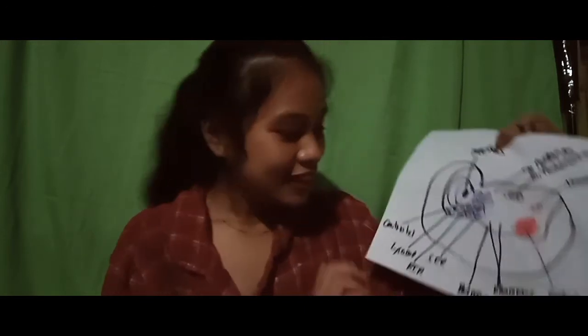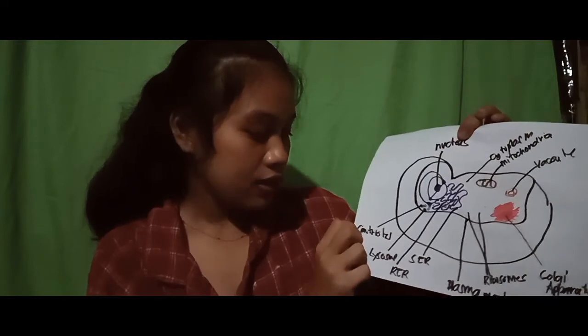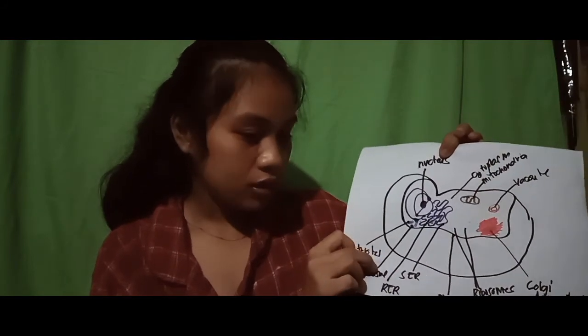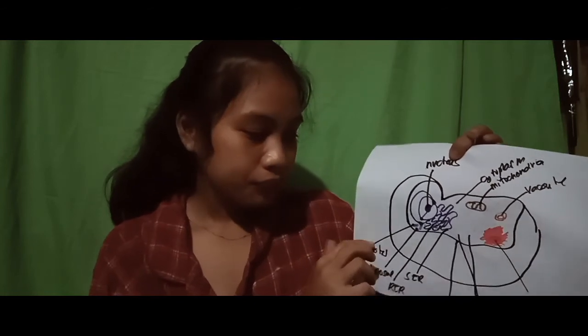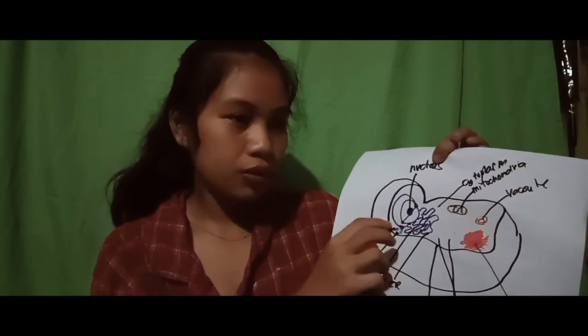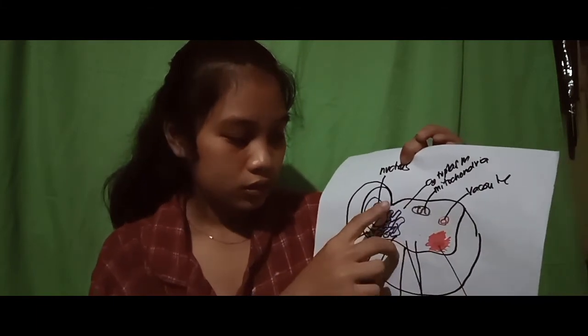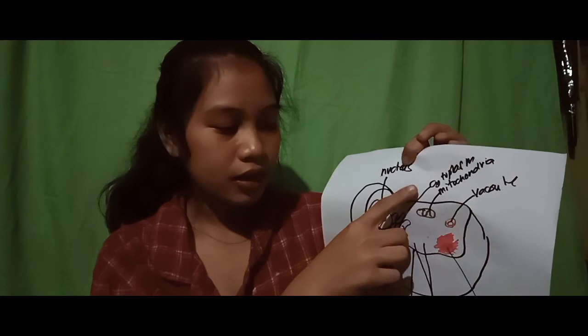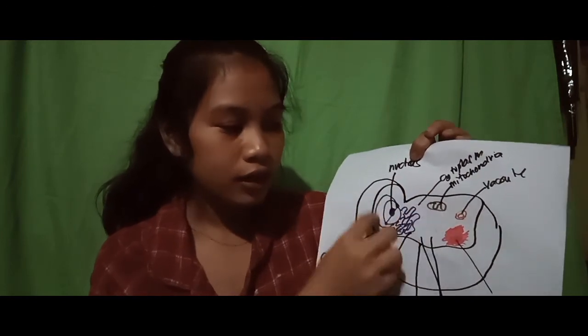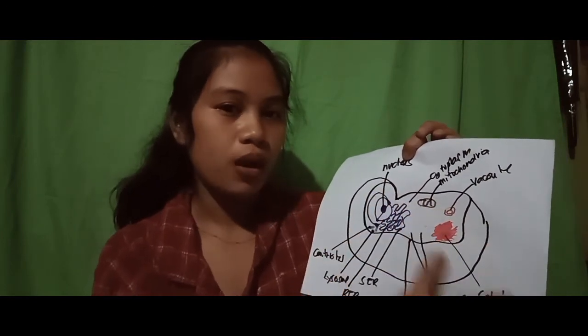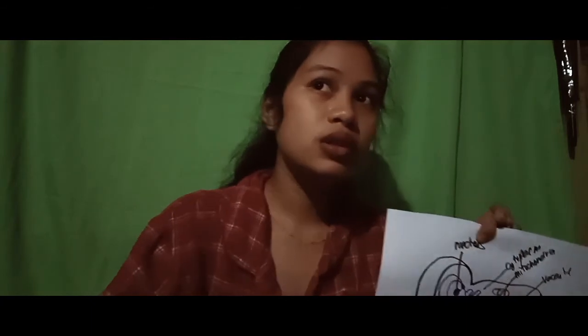Isn't it amazing? Then there are the centrioles. Centrioles are important in the division of the cell. There are two centrioles. They align at the center of the cell and divide it in two, in mitosis or meiosis, something like that.